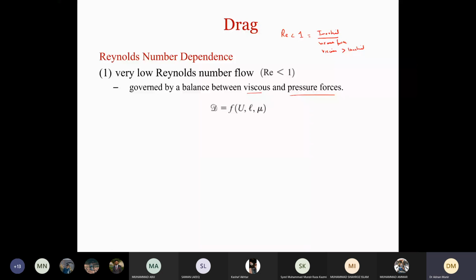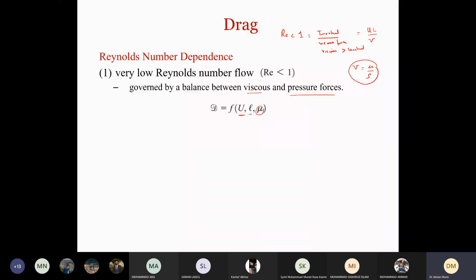Now drag force in this case will be a function of u, incoming flow, length, and dynamic viscosity. This is called dynamic viscosity, and the one we use to calculate Reynolds number, we normally use kinematic viscosity. The relationship is that kinematic viscosity is dynamic viscosity divided by density.